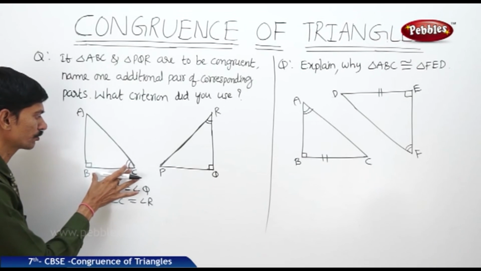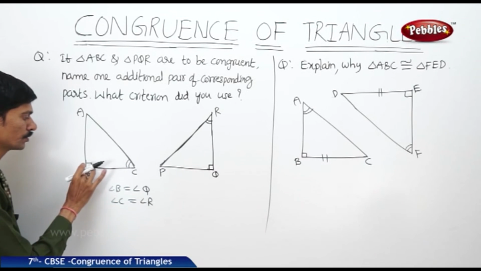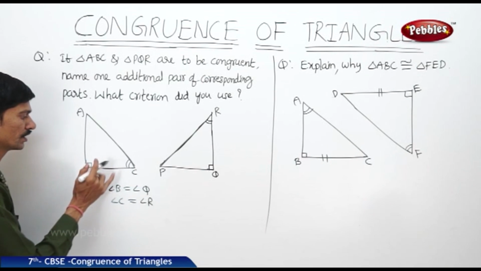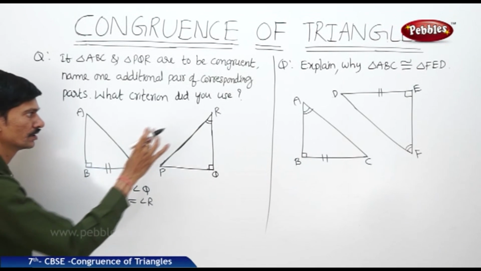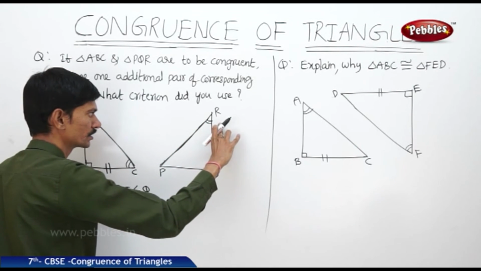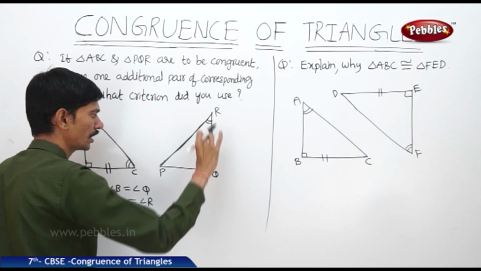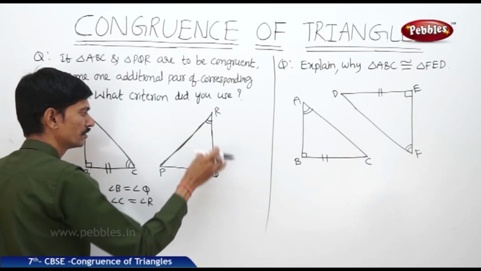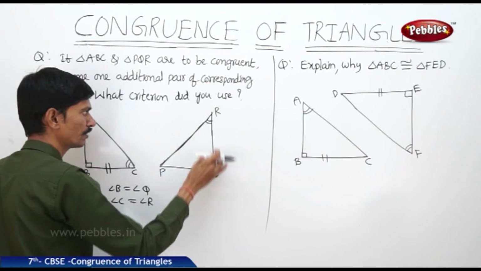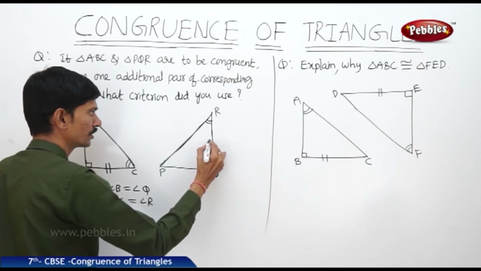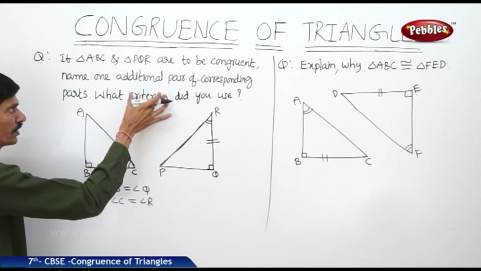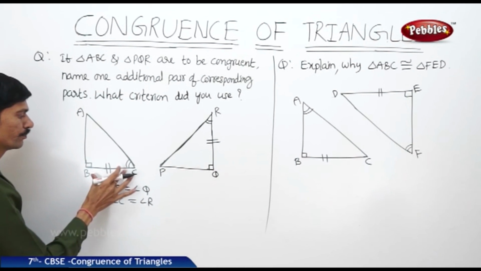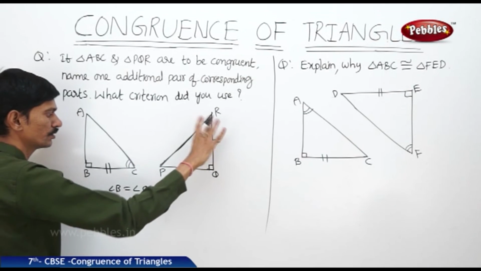What is the included side of the two angles, angle B and angle C? That is BC. Then BC should be equal to the included side between the two angles Q and R, which is QR. So the additional pair of corresponding parts is BC equals QR.